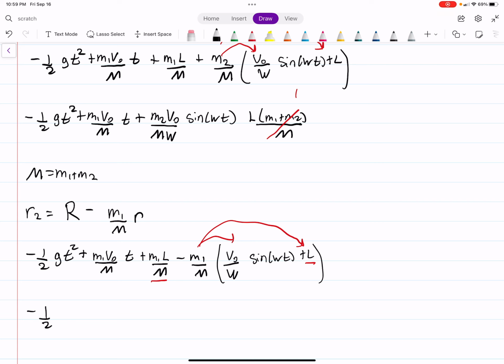So it's just minus 1/2 g t squared plus m1 v naught over big M t minus m1 over big M v naught over omega sine omega t.